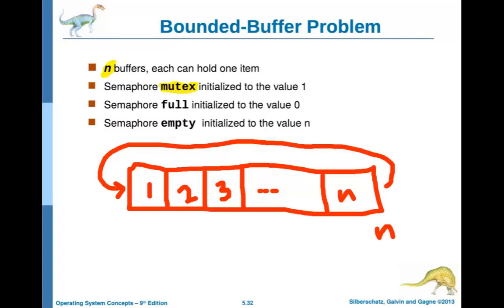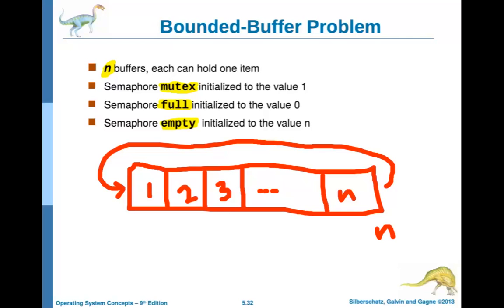The second semaphore is named full. This will be initialized to 0. And the third semaphore is empty. This will be initialized with the value of n.